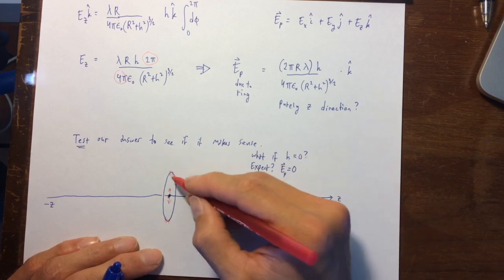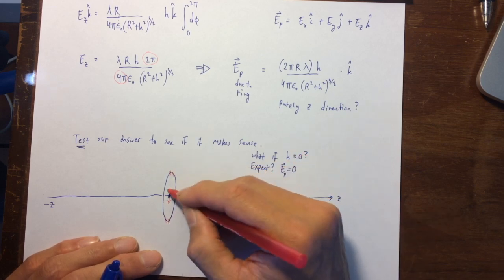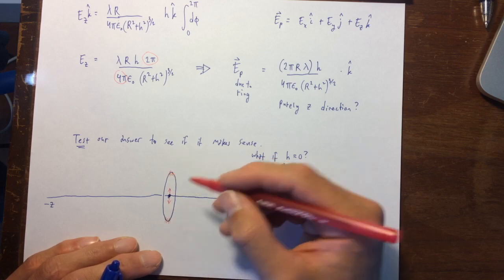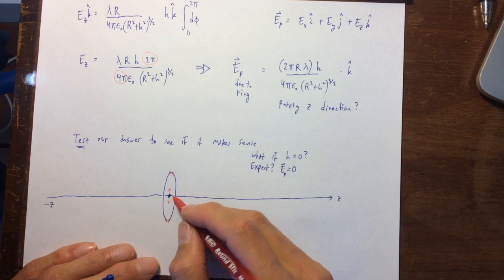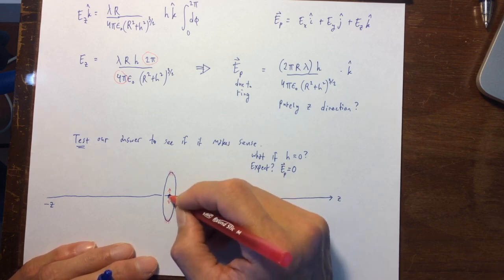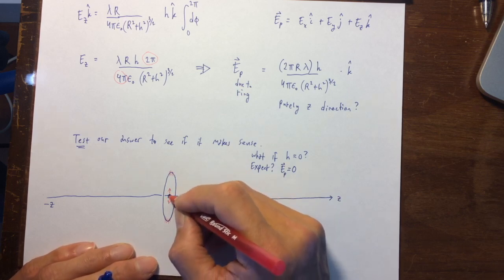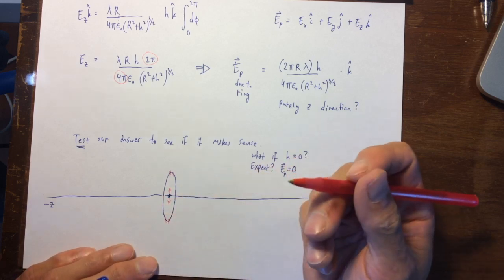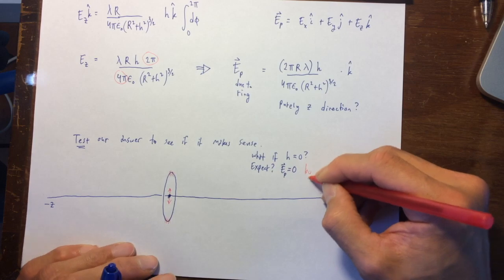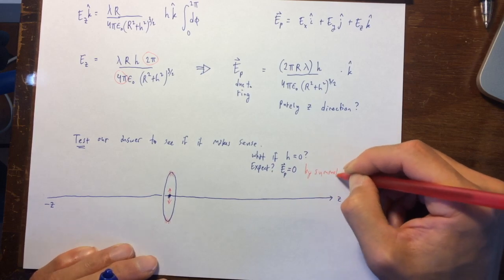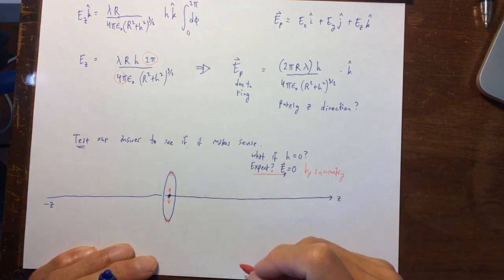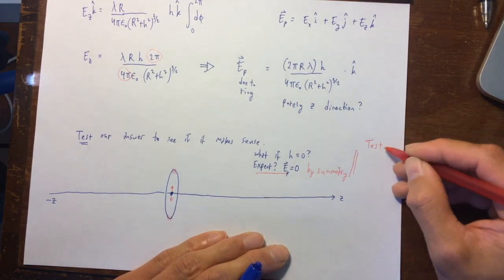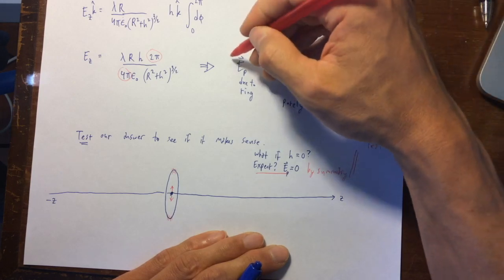Can you see that? So the charges on opposite sides of the ring, because they're at the same distance, because of the symmetry, are going to repel equivalently in all directions in the xy plane. So just by symmetry, this is what we expect. So let's test our answer. Here's our answer.